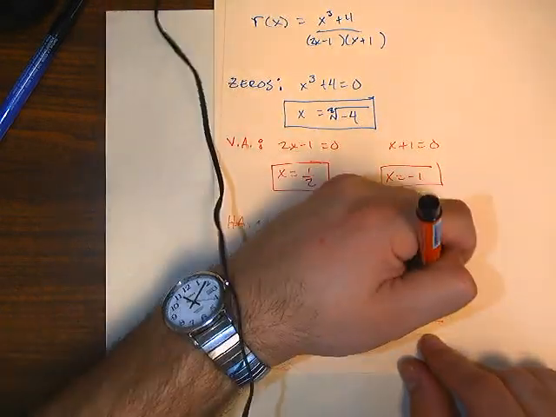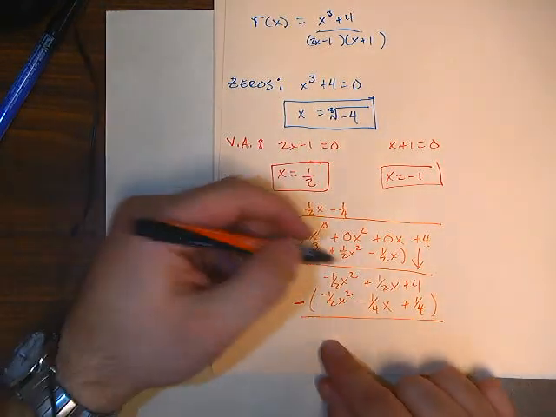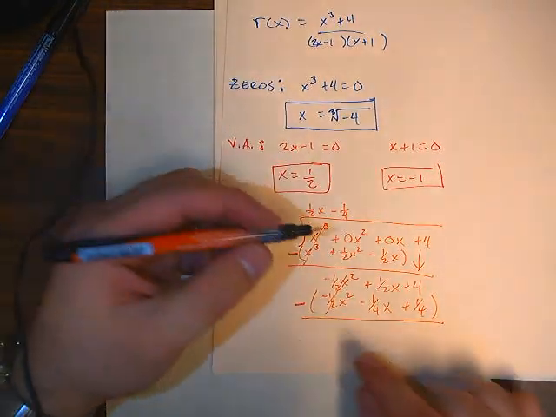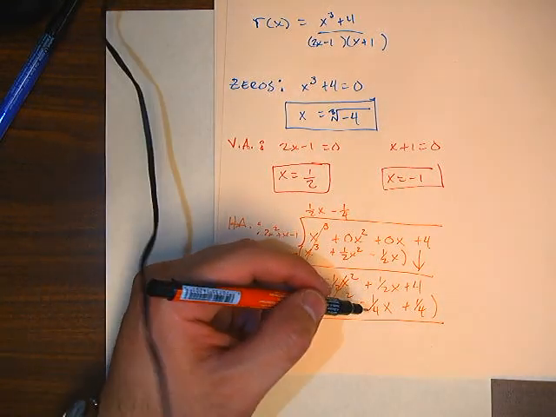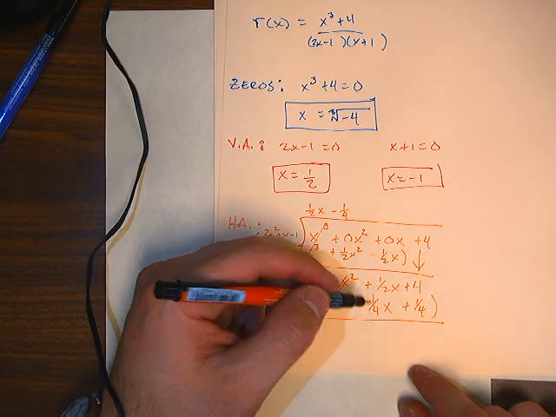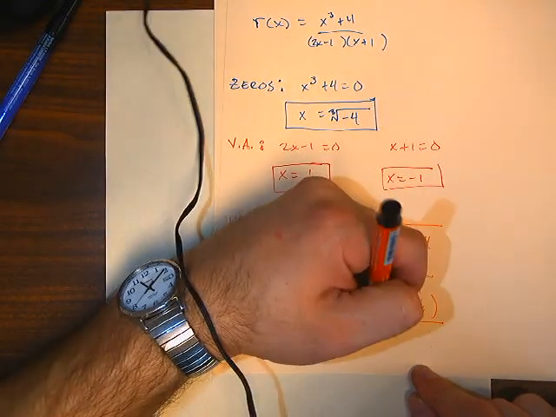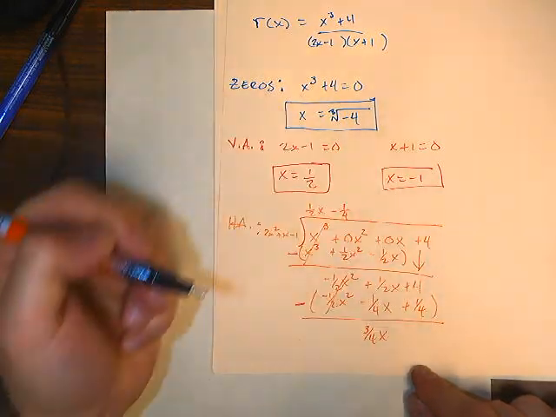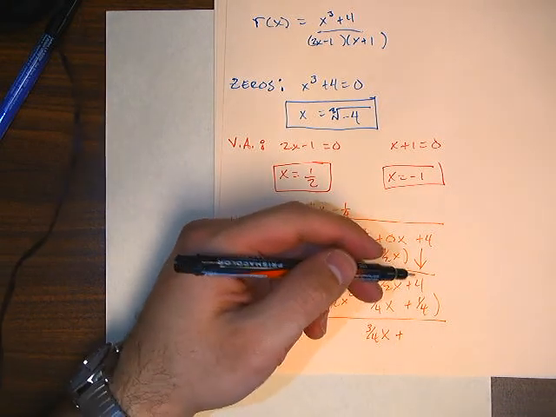I put my minus sign on the outside, and that's going to change all the signs on the inside. So those two are going to cancel out. I'm going to end up with 1/2 plus 1/4, which is 2/4, 3/4. So 3/4 x plus 4 and 1/4.